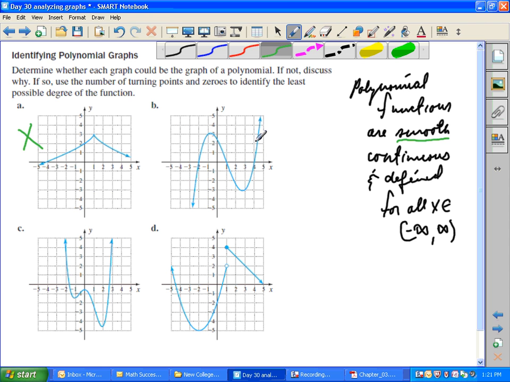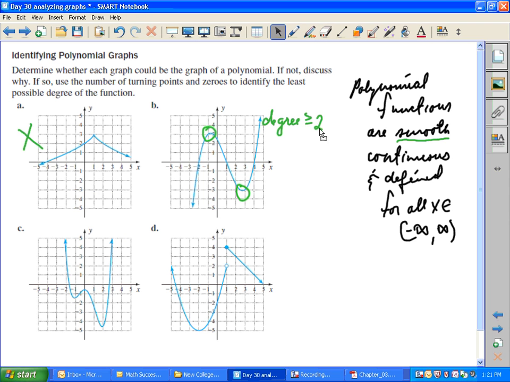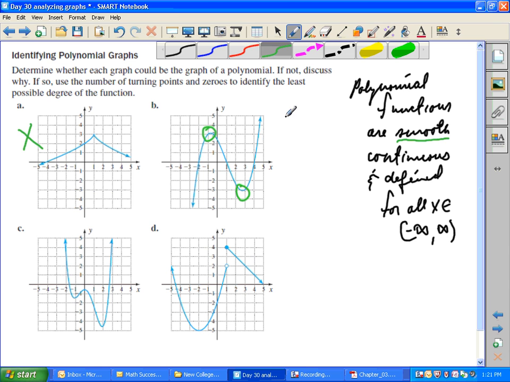This one is, because it has 2 turning points, its degree must be greater than or equal to 2. Oh, my bad. 3. Let me delete that. It's got 2 turning points, so its degree has to be at least 1 higher than that.